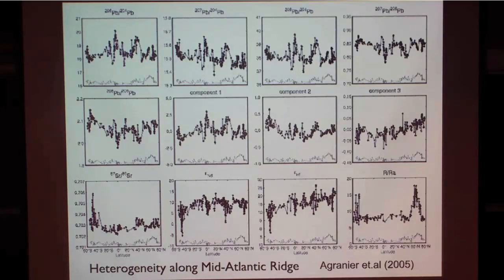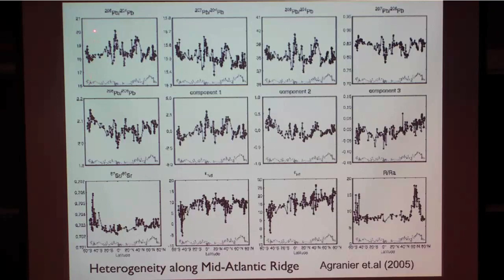Here's another way of looking at that same question. This paper looks at heterogeneity along the whole mid-Atlantic ridge. Each of these little box plots, these mini plots, is basically something that varies with latitude. Oh, it's really fuzzy. I apologize for that.